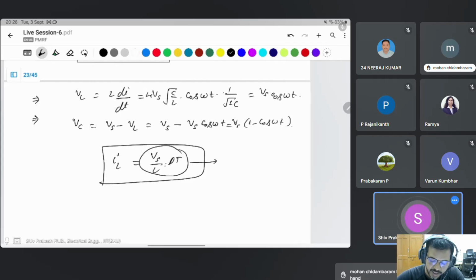This is a linear equation. In the ideal case, it will be taken as linear because of the high frequency rate. In high frequency, you can take this as linear instead of sinusoidal.